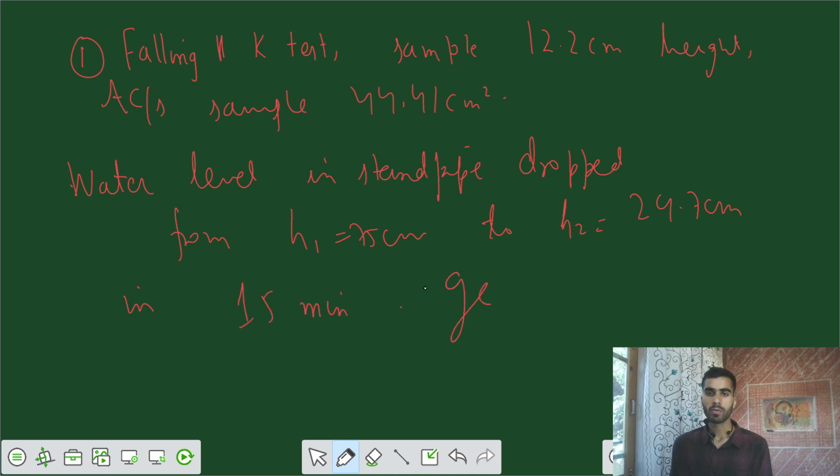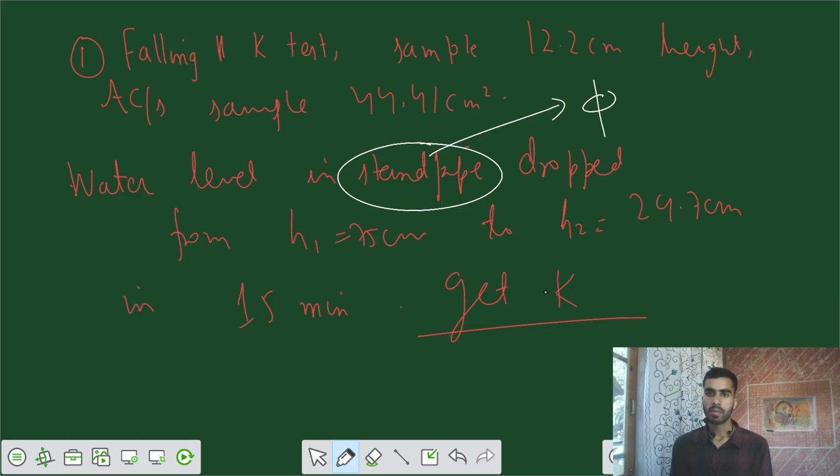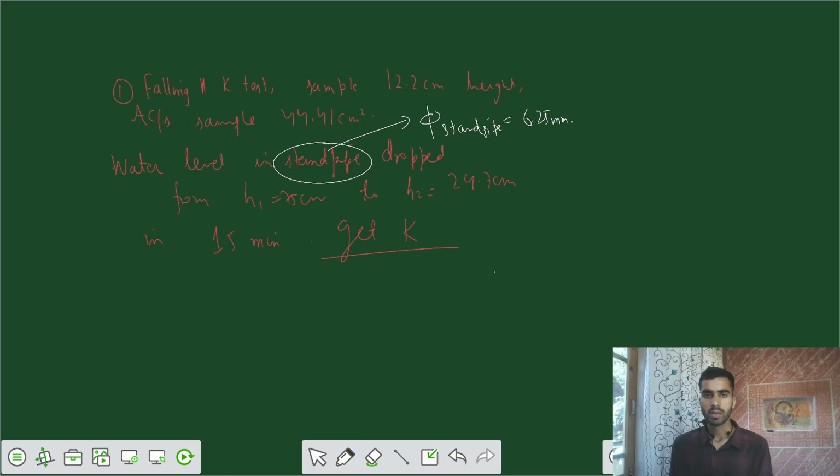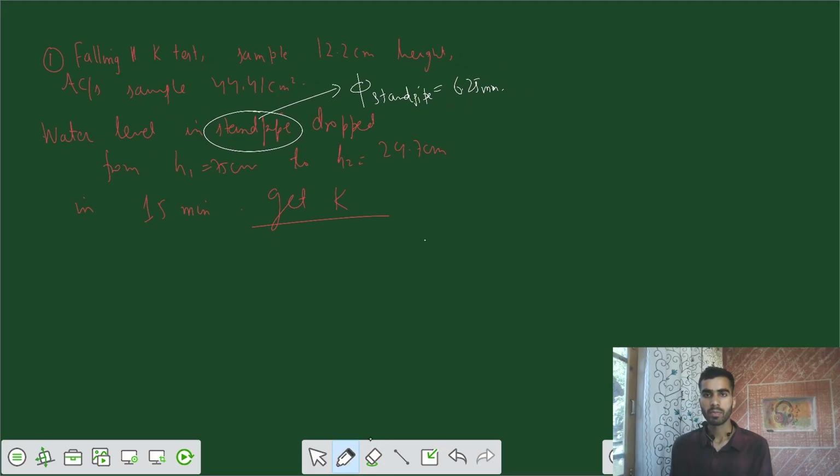Get the value of permeability. For the standpipe data, the diameter of that standpipe is 6.25 millimeters.